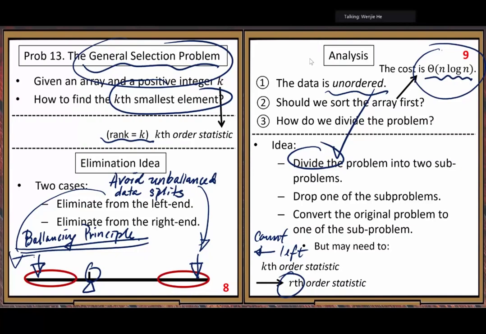When we do the divide step, we want to choose some cushion here: a left cushion and a right cushion. These two red circles we will use to avoid extremal unbalanced splits. How large is the left circle, how large is the right circle?